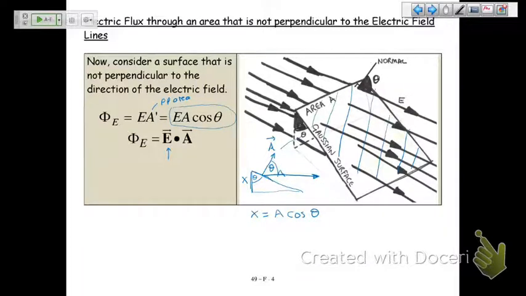Just learn that it's E dot A and figure out how to work out what the A vector is. Don't worry about trying to do trig on this thing. Just do E dot A. And so this made-up concept of the area vector being normal to the surface of the Gaussian surface is overwhelming. People love it because it makes the problem so much easier.